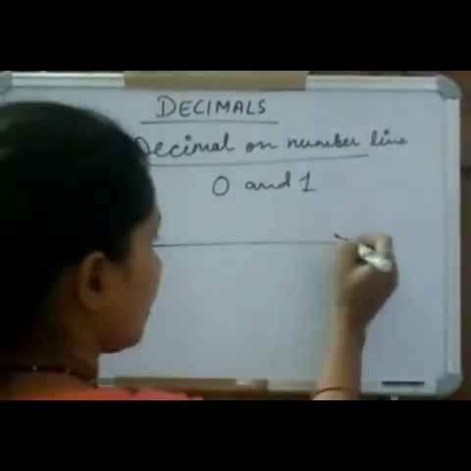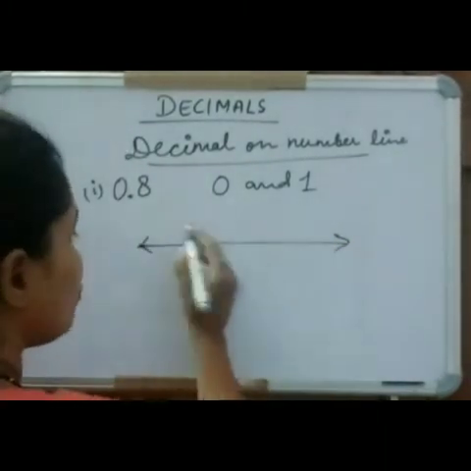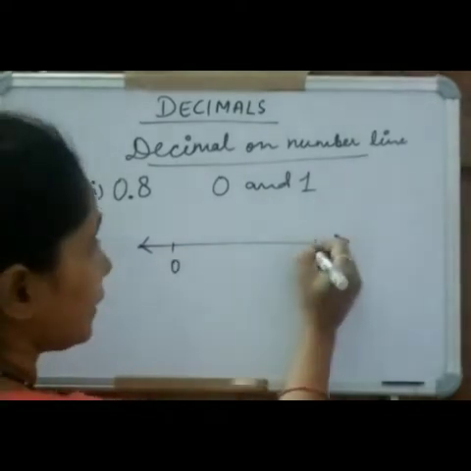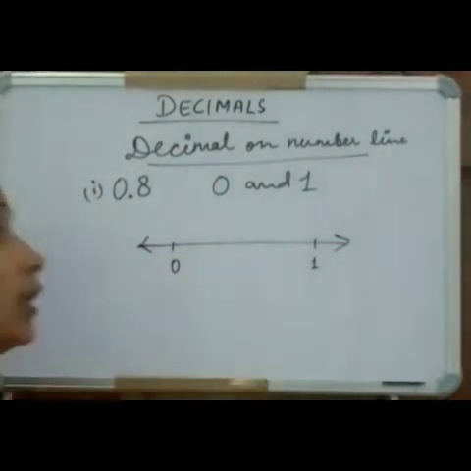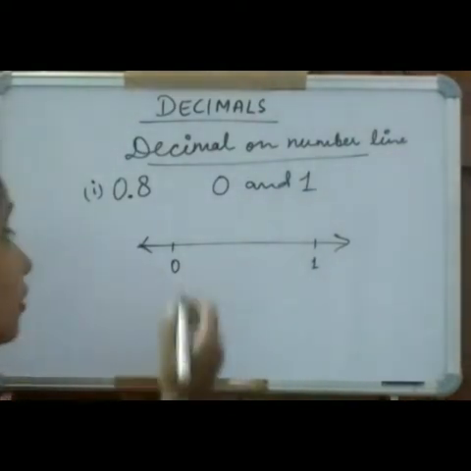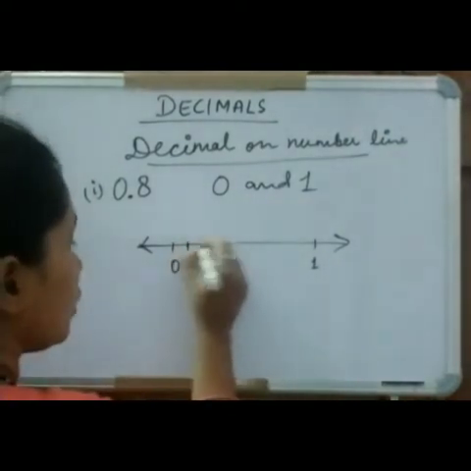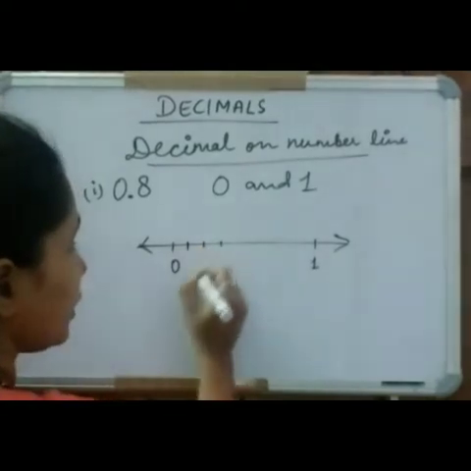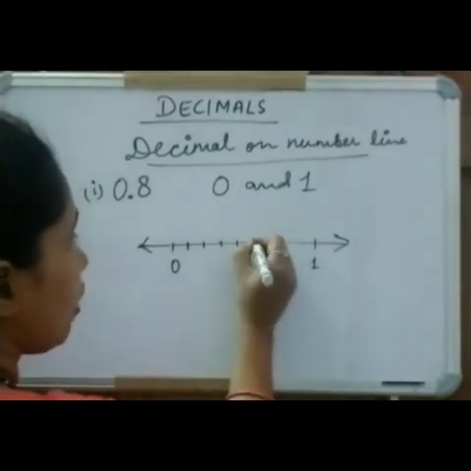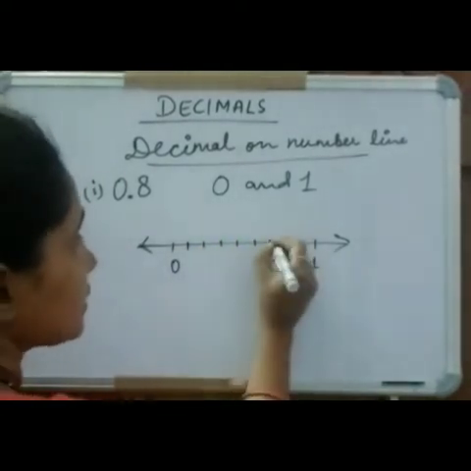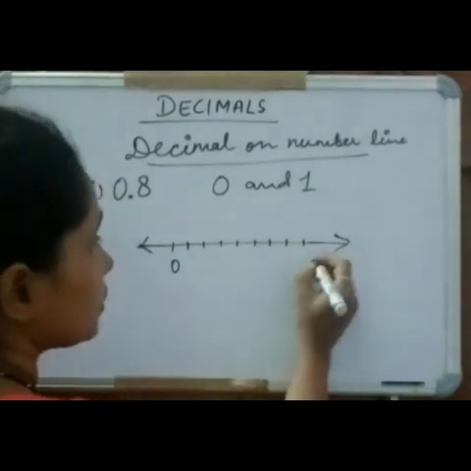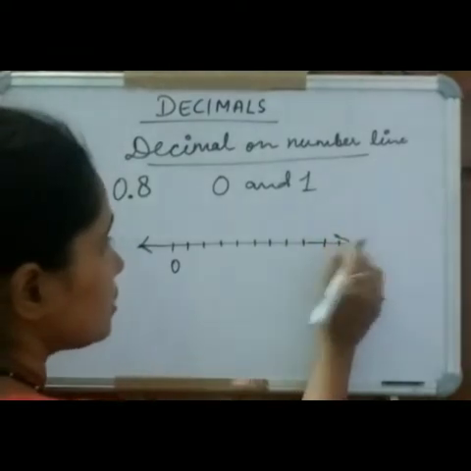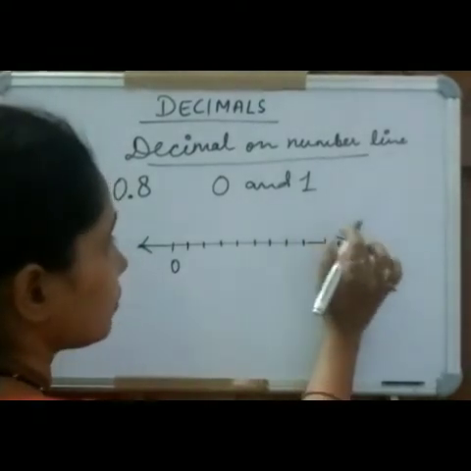So we will draw a line and we will write here 0 and here we will write 1, and in between 0 and 1 we will make 10 divisions. 1, 2, 3, 4, 5, 6, 7, 8, 9, and here it is 1.